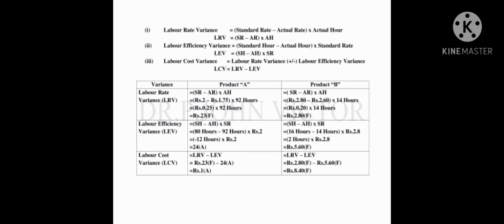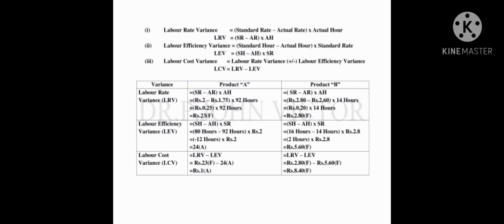Then going to the second formula, labor efficiency variance. The formula is standard hour minus actual hour into standard rate. The standard hour is 80 hours, actual hour is 92 hours.